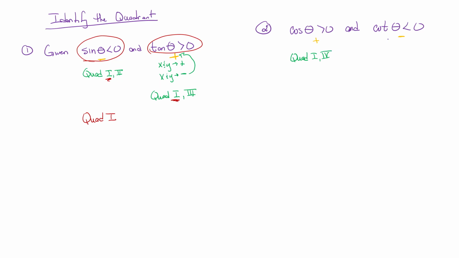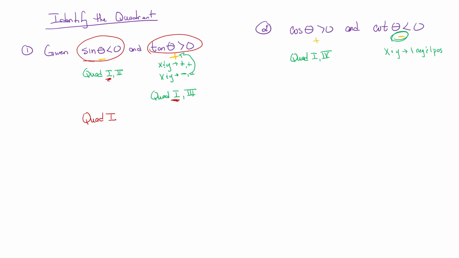And if I'm looking at cotangent, cotangent deals with x's and y's, doesn't it? But if it's negative, I got one of each, don't I? One negative and one positive, because that's the only way, isn't it? Whereas over here in problem 1, both x and y had to be positive, or both x and y had to be negative.